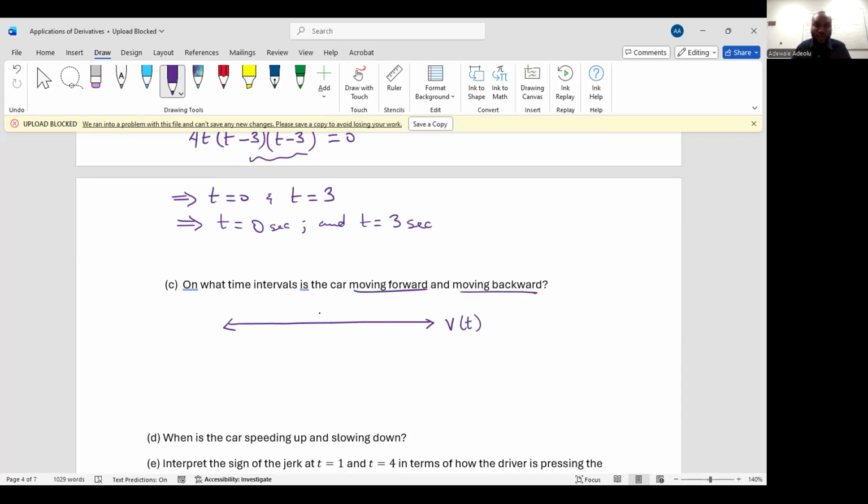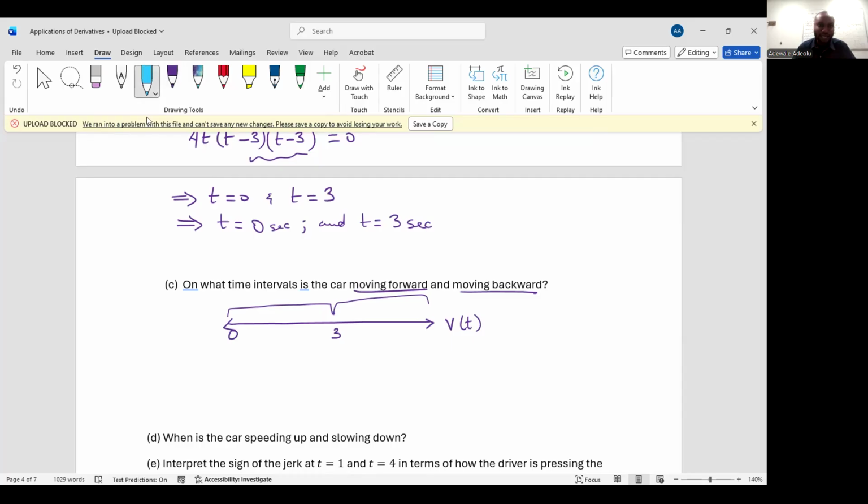It is good I know I'm momentarily at rest at 0 and at 3. So the question is, what is happening within 0 to 3 and from 3 and beyond?